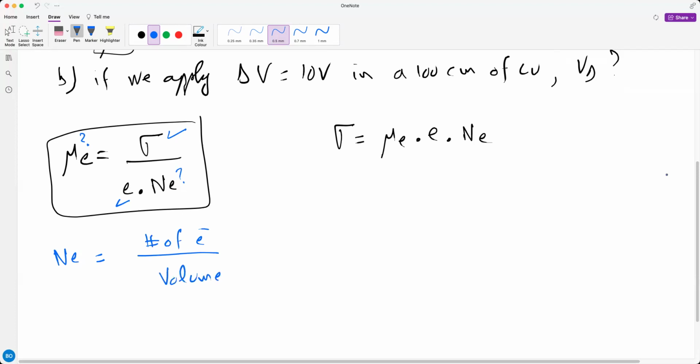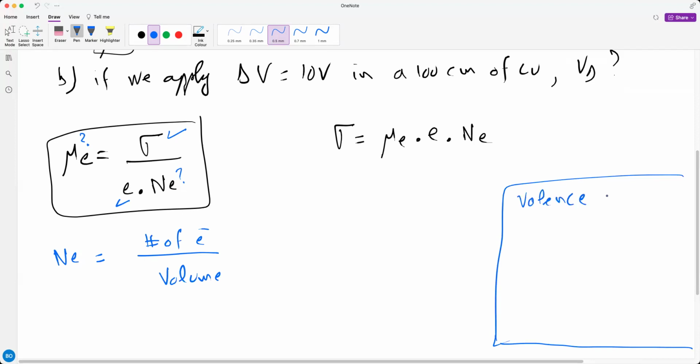Please, here I want to mention something. What is the valence? The valence of copper is equal to 1. The valence of copper means that each atom will give 1 electron. It's like Cu plus.